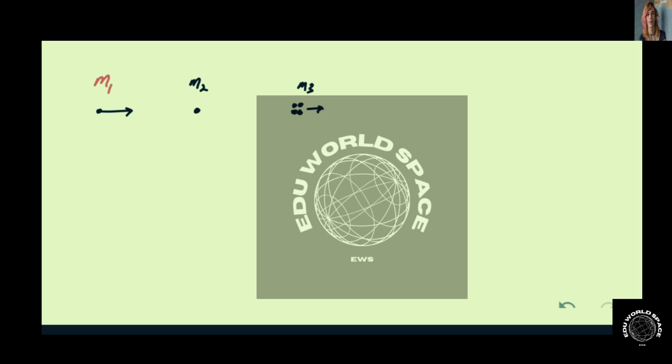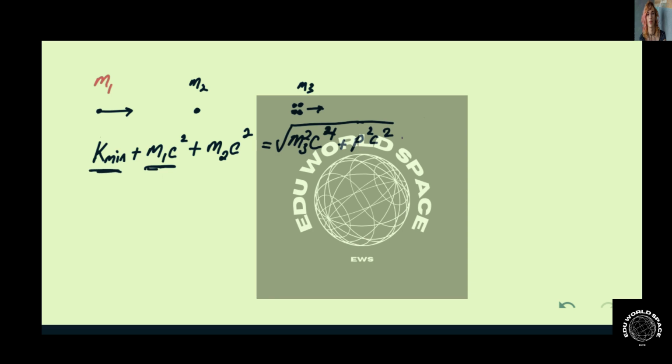So at this condition, we want to find what is the kinetic energy of our initial m1. And to start off, we're going to use conservation of energy. So conservation of energy tells us that the total initial energy would just be the kinetic energy of m1 plus the rest energy of m1 plus the rest energy of m2, because m2 is at rest.